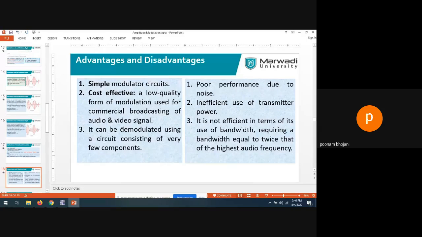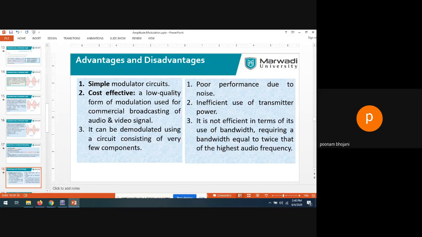In the modulator, as we have already seen, only one multiplier is used, and that gives you AM. In the same way, in the demodulator, only a low pass filter and a diode are used, and you get the demodulated signal. So very few components are used in the modulator and demodulator. So three advantages: simple circuit, cost effective, and fewer components.